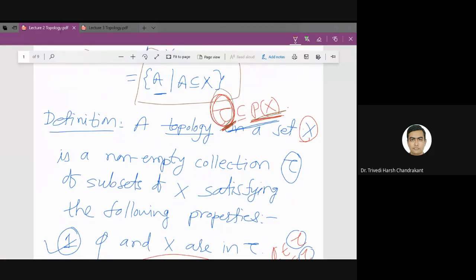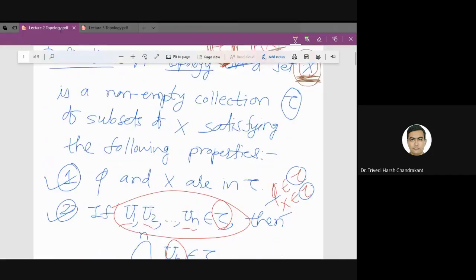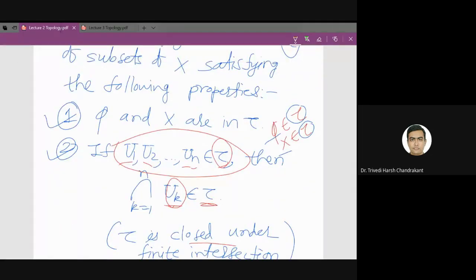Topology tau is a subset of power set of X, where X is the given set on which we are defining the topology. So basically, we want to identify what are the open sets in X. That depends on what are the elements in tau. So given set is X, we are considering a subset of the power set of X which satisfies these three properties. So first thing is that tau should be a non-empty set.